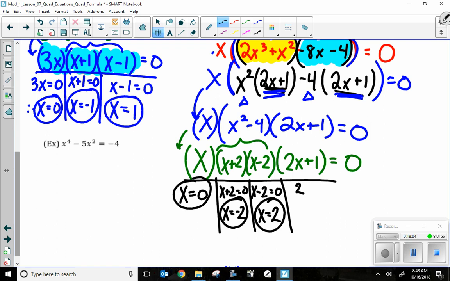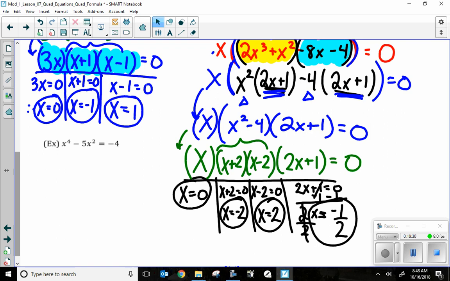And this last one here, 2x plus 1 equals 0. I'll go ahead and solve this one. Minus 1 from both sides. So 2x equals negative 1. And then I just divide by 2. So this last x equals negative 1/2. 4 answers for a problem where the degree or biggest exponent was 4. Works perfect.